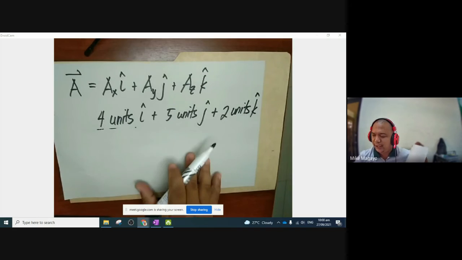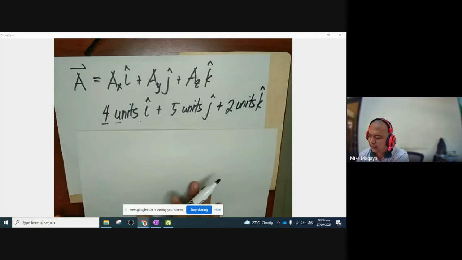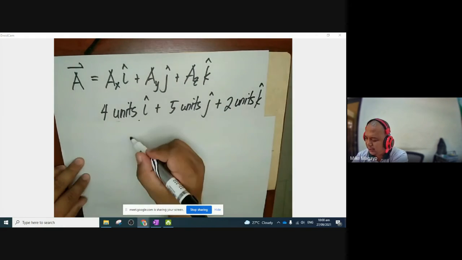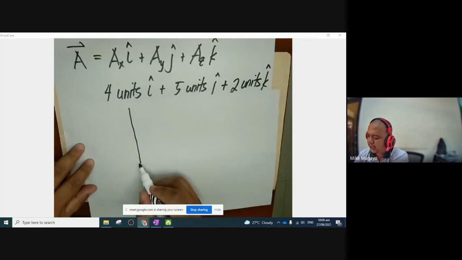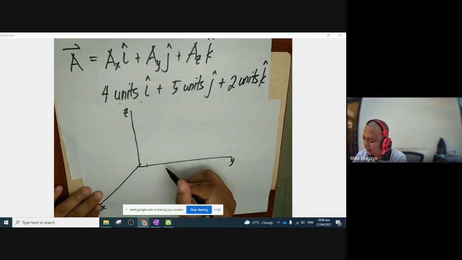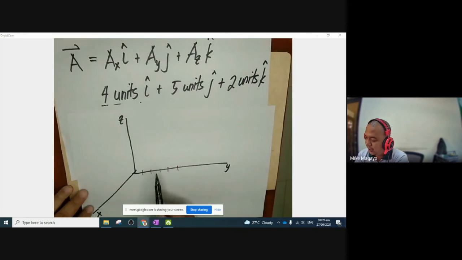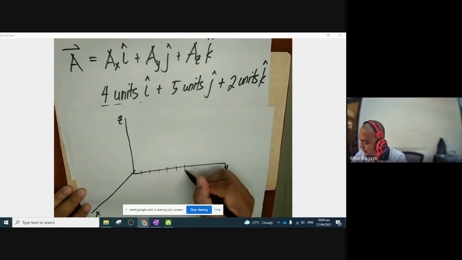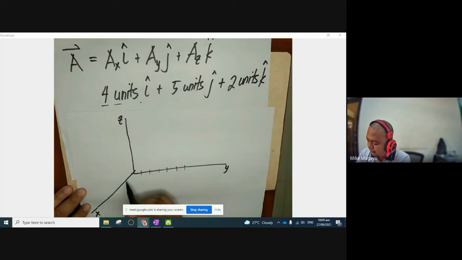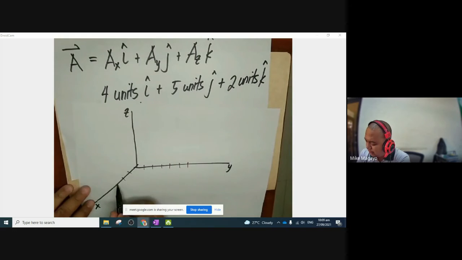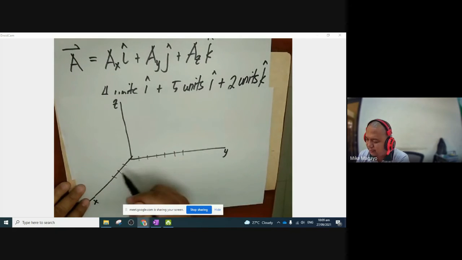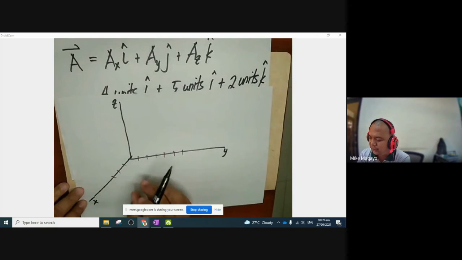Just to help you visualize this vector A, we could plot it along x, y, z. I'm just estimating. So this is 1 unit, 2 units, 3, 4, 5 units along y. Then for x, it's very important if you're going to use this kind of approach, it's more of a geometry, so you have to be very accurate on the scaling.